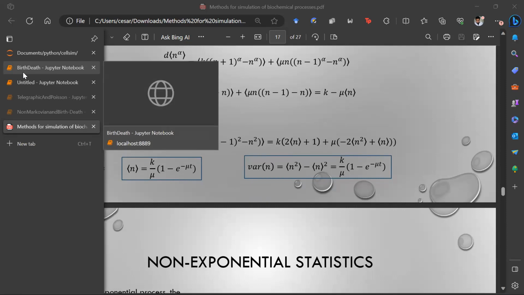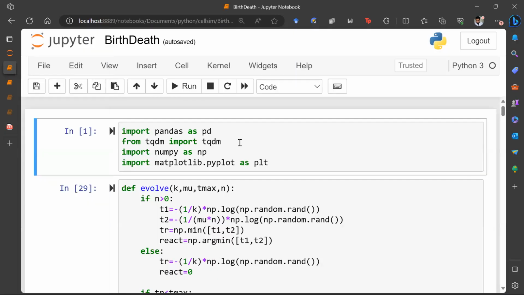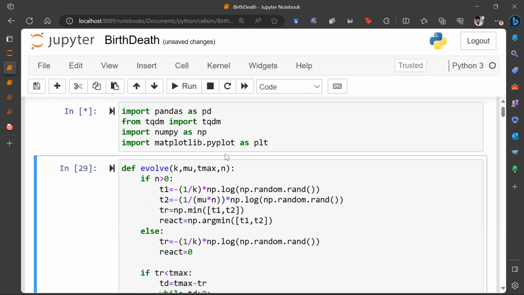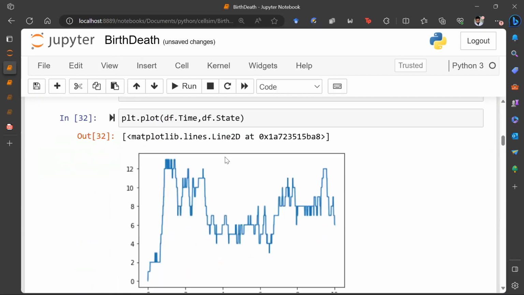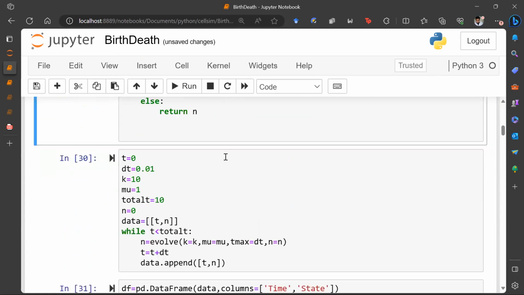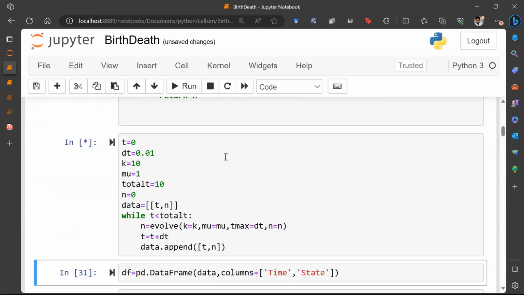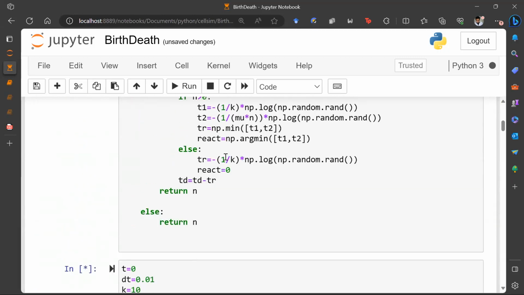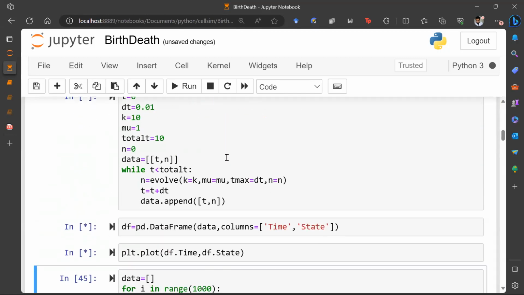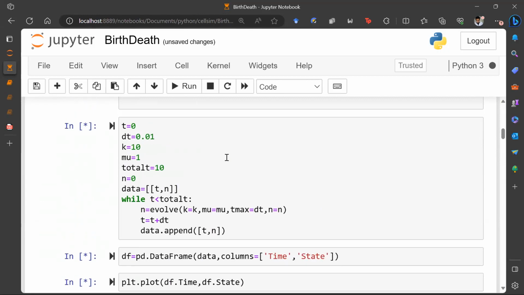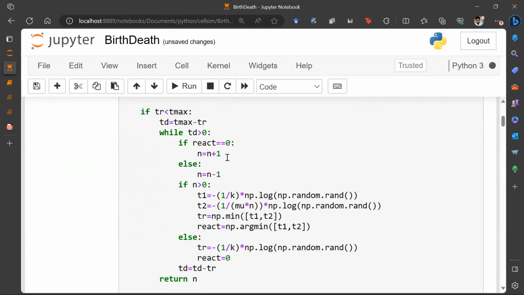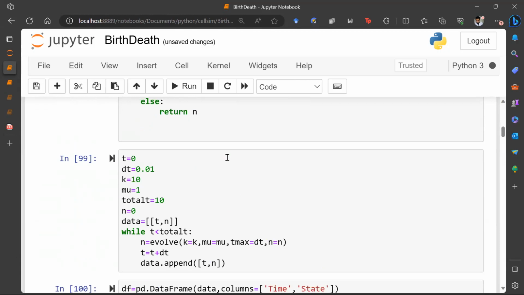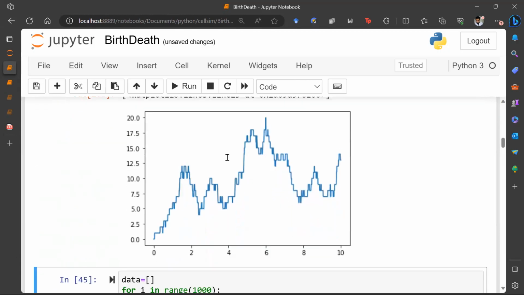So we can check our previous script for the birth-death process, doing it quickly. We can simulate a trajectory with mean 10, and you're going to get something like this.